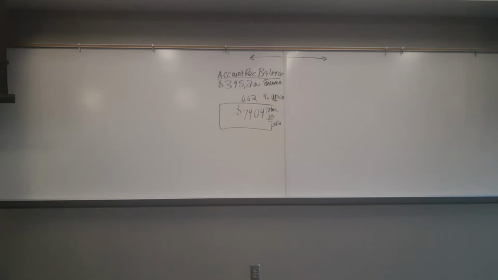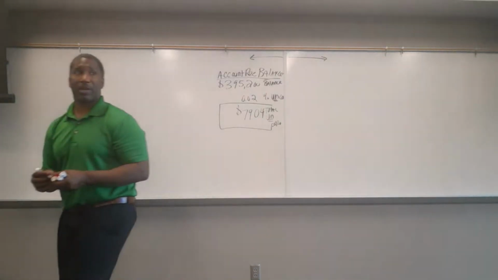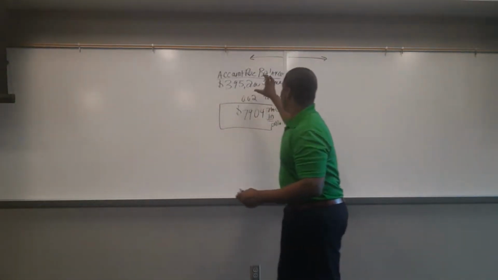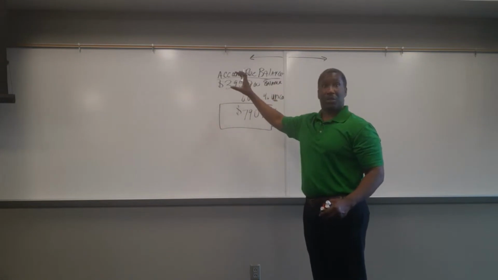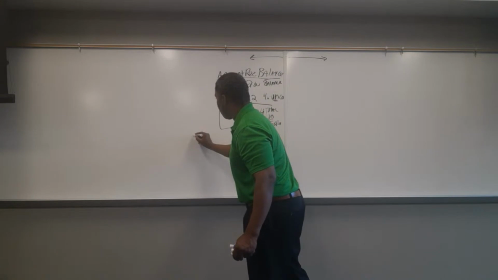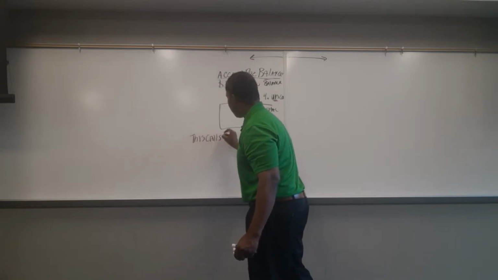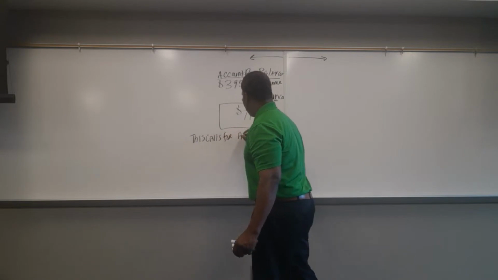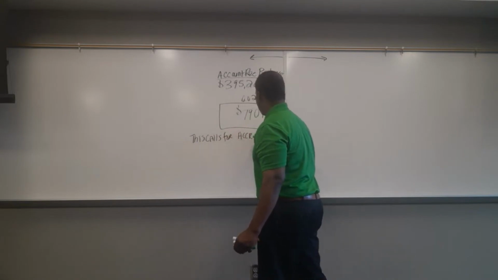I have to make an entry in here. One thing you have to understand is that this is an adjustment to a current account. I'm doing this on this side because it's related to this year. Now, this is going to call for an accrual entry.